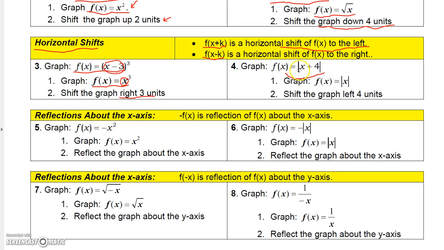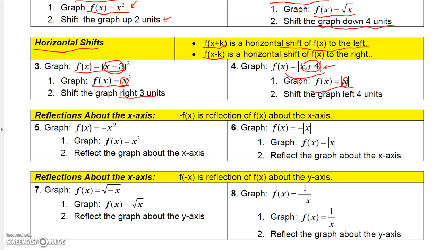So the mama function for this would be the absolute value function. So this function is actually the absolute value function with the x replaced with x plus 4. So in other words, this is like saying this function evaluated at x plus 4.